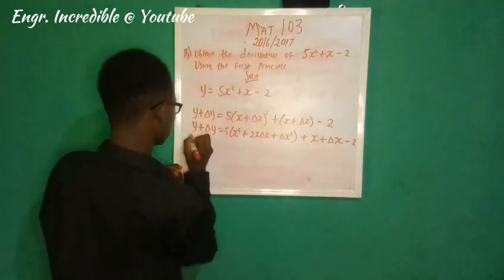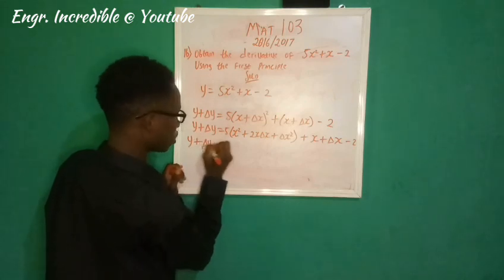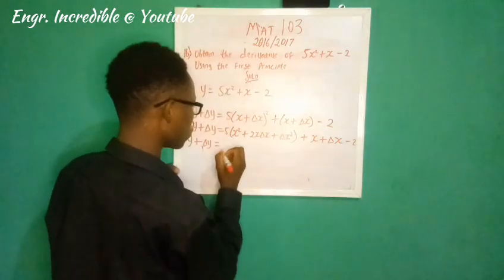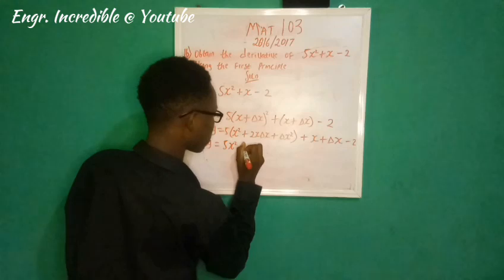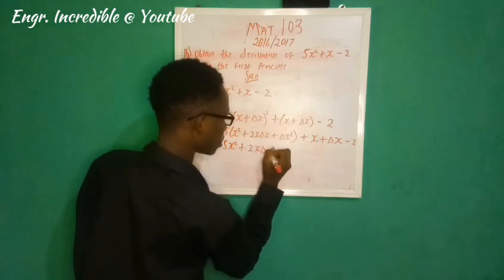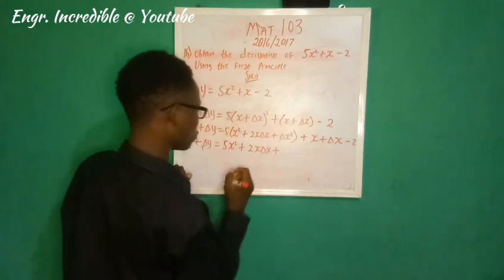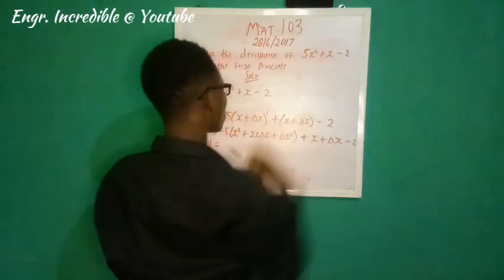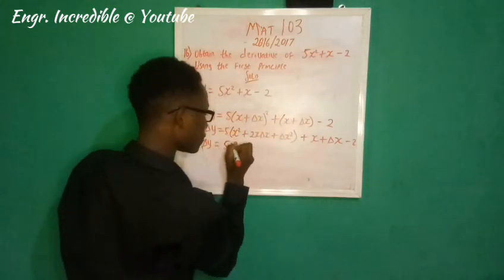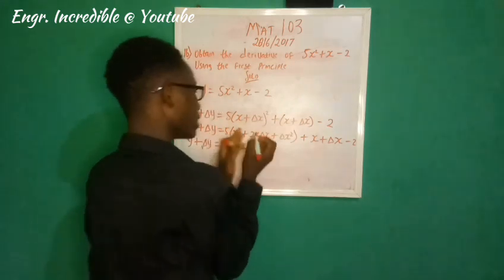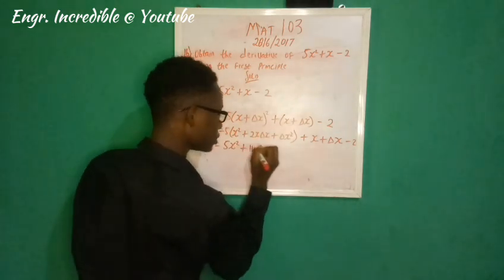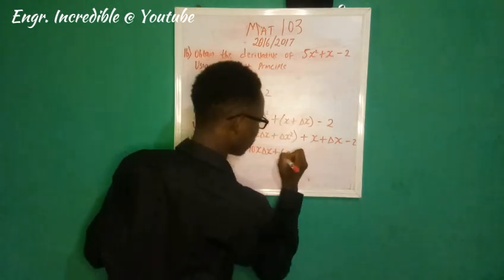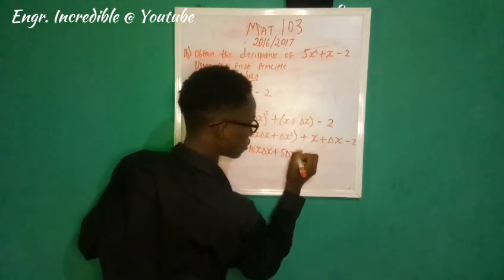So we can continue here as y plus delta y is equal to, when 5 multiplies everything in the brackets, we have 5x squared plus 10x delta x plus 5 delta x squared.